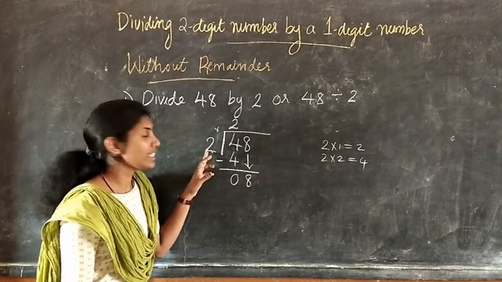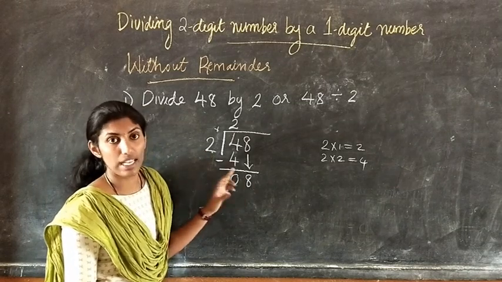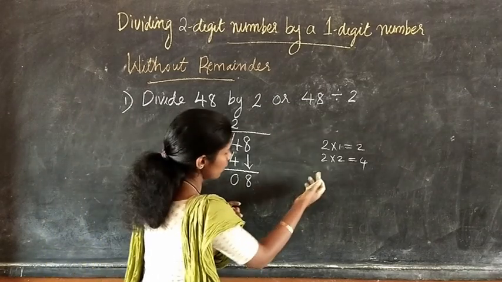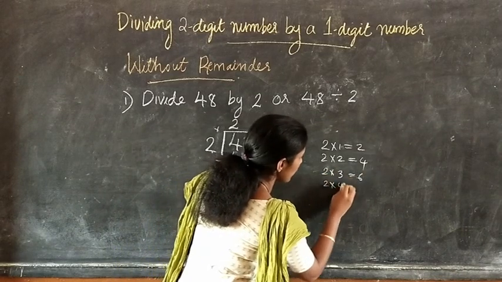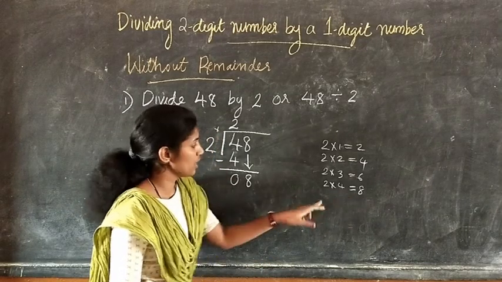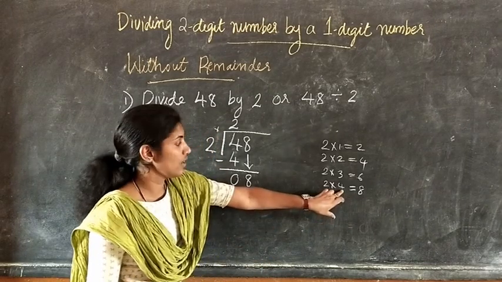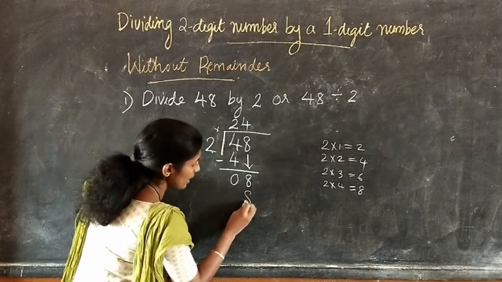Then we have to recite the table of 2 till we get number equal to 8 or less than 8. Here we got 2 into 3 equal to 6, 2 into 4 equal to 8. Here 2 times 4 is 8. So what is the answer here? 4. So write 4 here. Then 4 into 2, 8.